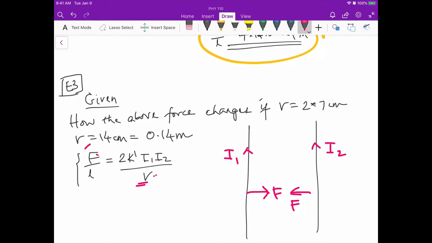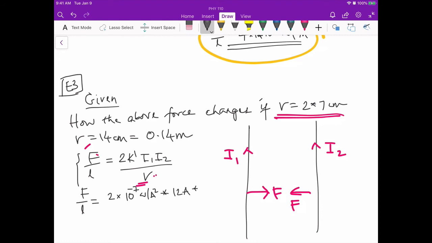So you can answer that since the distance is doubled, the force per length is going to be half. Or if numbers are given, the way it's given in this problem, you can substitute and check whether it is really half of what we got in problem number 2. 2 times K is 1 times 10 to the power of -7 newton per ampere squared.